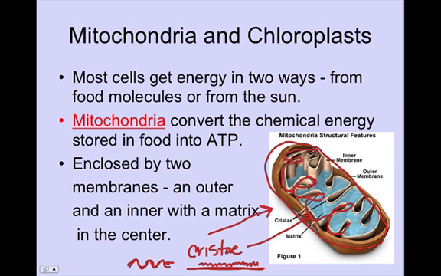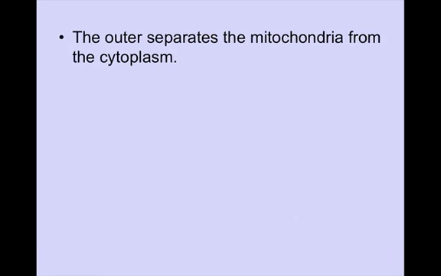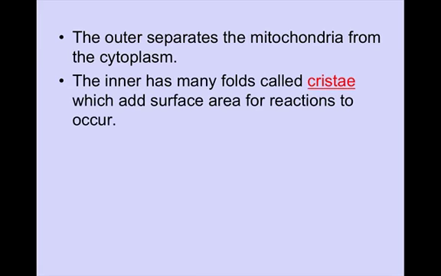So that's why there are all these folds and pockets inside. So once again, the outer part of the mitochondria separates it from the cytoplasm, and the inner has many folds that are called cristae. And once again, these add surface area for reactions to occur.